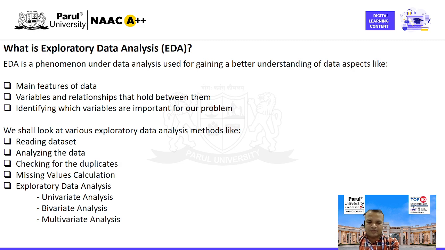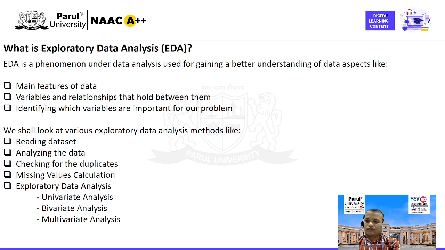For example, if you have 100 variables in your data set, but some of them are not useful, why should we use them and why should we consume our time? So this is very helpful for all of us whenever you deal with data analysis.